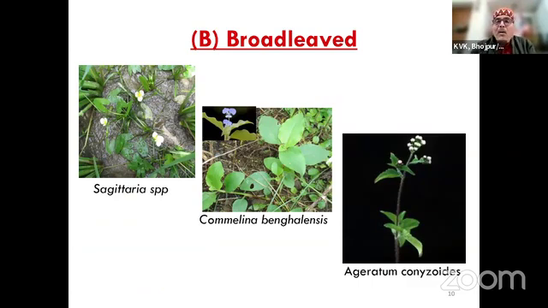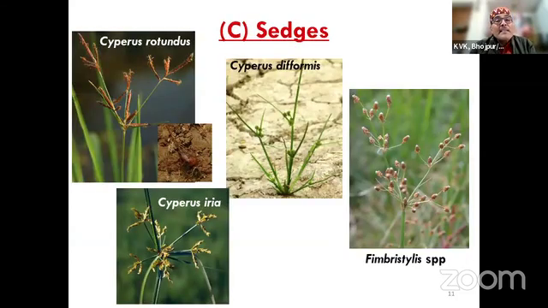These are found in almost all fields, whether pulses, sugarcane, wheat, rice, or vegetables. In all crops, we will find these kinds of weeds occupying the land. Again, these are sedges, the Cyperus group: Cyperus rotundus, Cyperus difformis, Fimbristylis species.